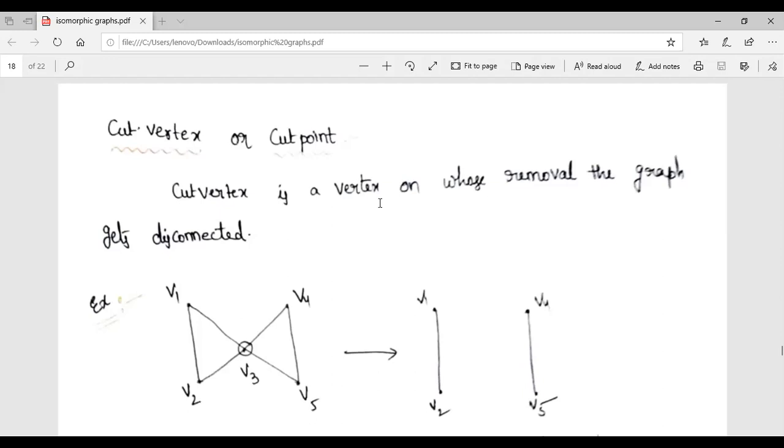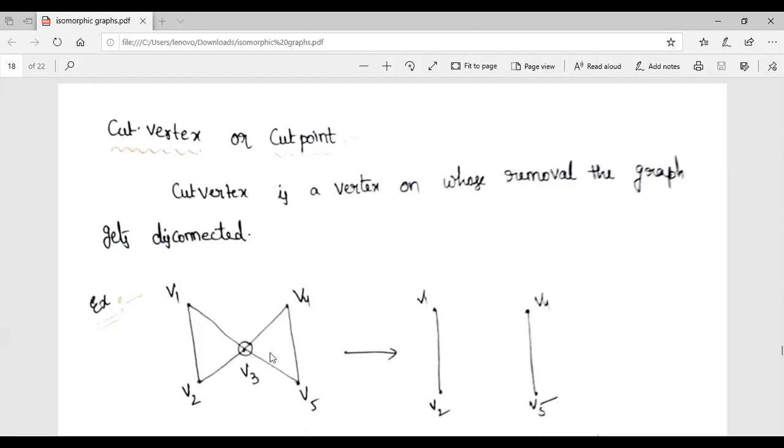So example, V1, V2, V3, V4, V5. This is the given graph G. By which vertex removal does this graph become disconnected? That is V3. If we remove this V3, this graph becomes disconnected. So V3 is called cut vertex.